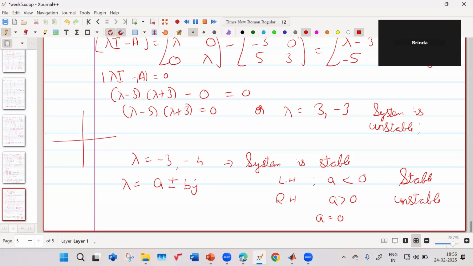Poles or eigenvalues we can consider. So it is on this line, right? Because the real part is 0. So it could be like this is plus bj, this is minus bj. So in this case, whether it is stable or unstable. Is it marginally stable? Yeah. So in this case, it is marginally stable.